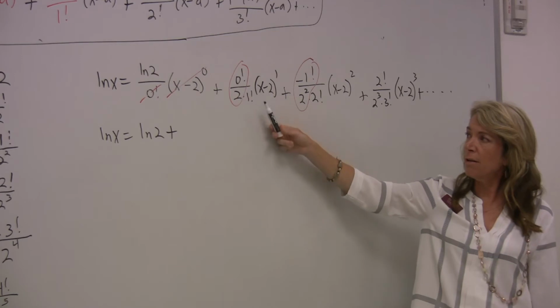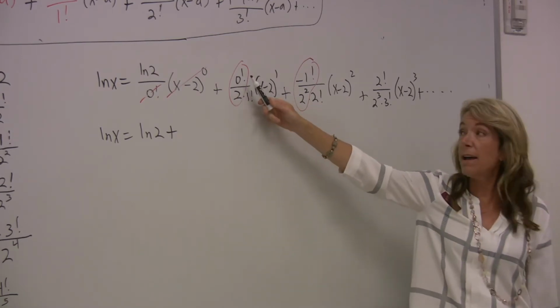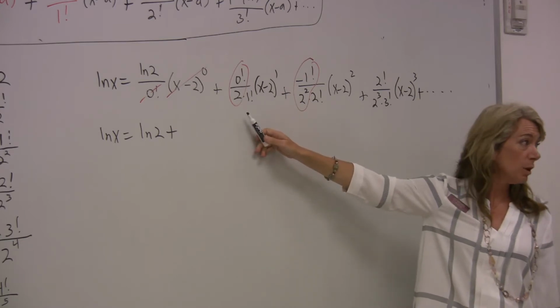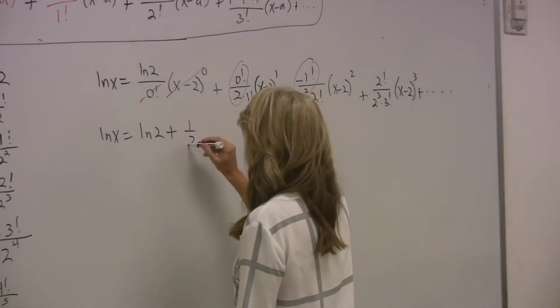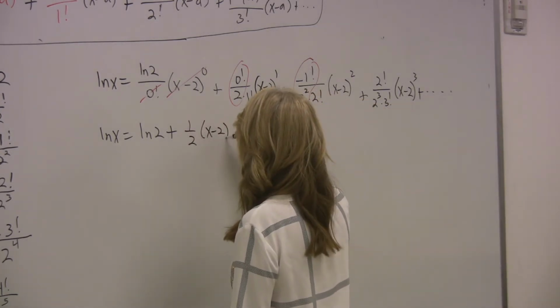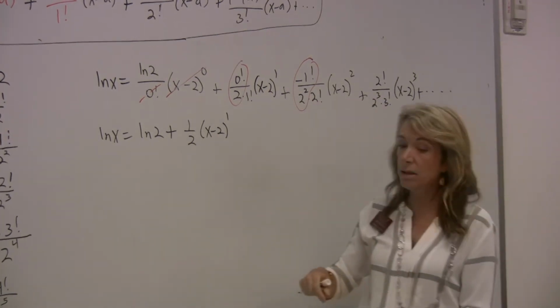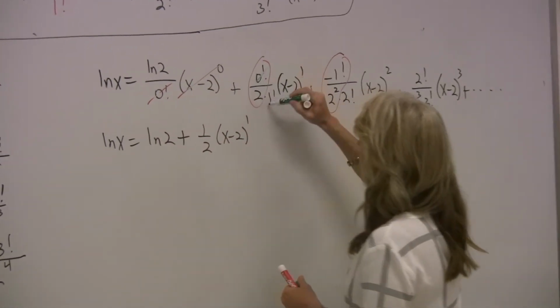The 0 factorial and the 1 factorial, it ends up being 1/2. That's 1 and that's a 1, so this is just 1/2. 1 over 2 x minus 2 to the 1. Because there are too many colors going on here. These guys reduce.